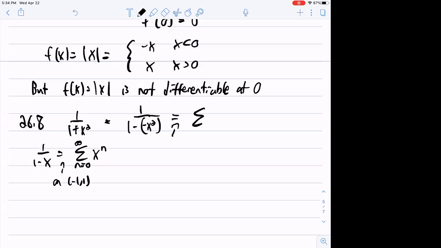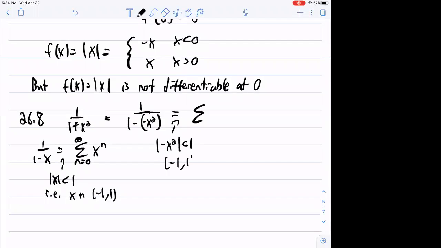Another way to write this is, i.e., another way to write negative 1 to 1 is absolute value of x is less than 1. So here it's absolute value of negative x squared is less than 1, which is still, if you check, the interval negative 1 to 1.